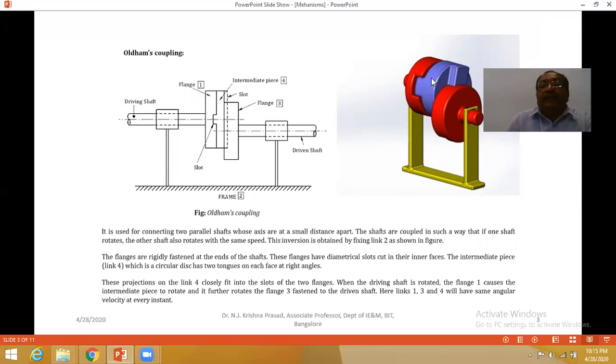This intermediate piece is fixed to the flanges, which in turn are rigidly fixed to the driving and driven shafts. So when the driving shaft rotates with one particular speed, the driven member also rotates at the same speed.